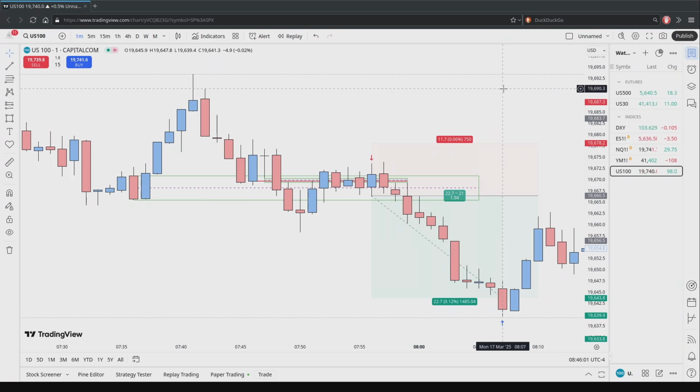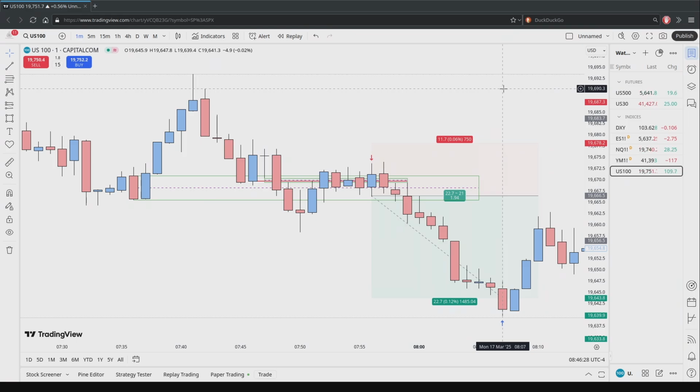You will take losses, but you limit those losses to what you've set in the model. You have a calculated risk per trade, a set calculated risk per trade.